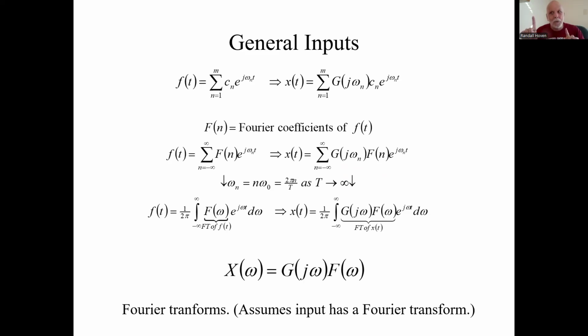I know I did some hand waving there. I'm just outlining the derivations. But the big result then is this relationship now in the Fourier domain. This X is the Fourier transform of the output. This F is the Fourier transform of the input.